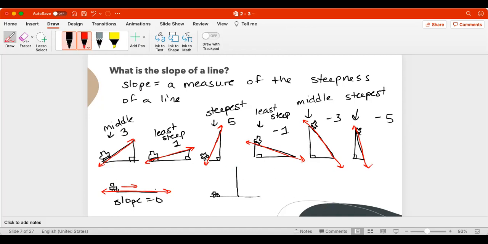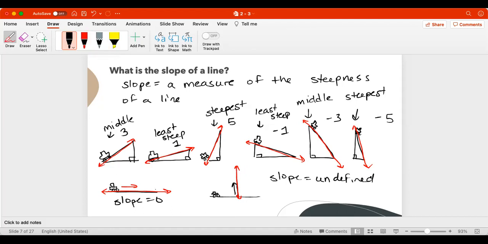Finally, let's say I ask you to go up this straight line, this vertical line. It's impossible, right? If you're in a car, how can you climb a wall? And how do you measure the slope of something that's completely vertical? Well, it turns out for something that's vertical, the slope is undefined.